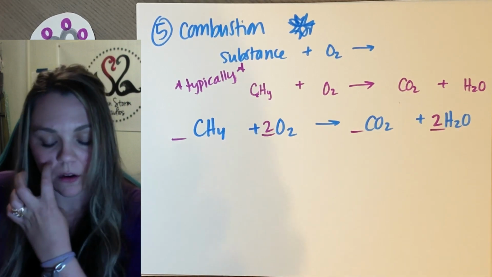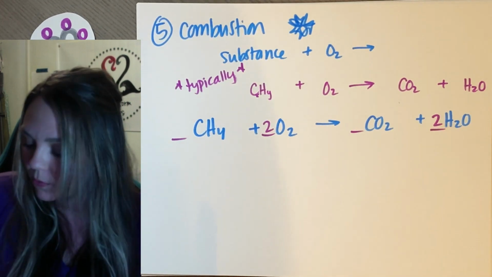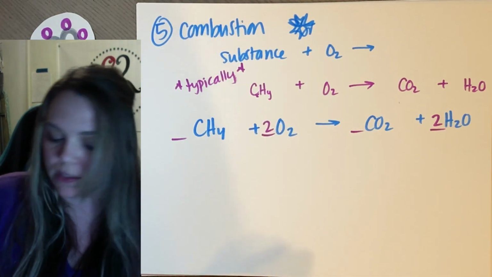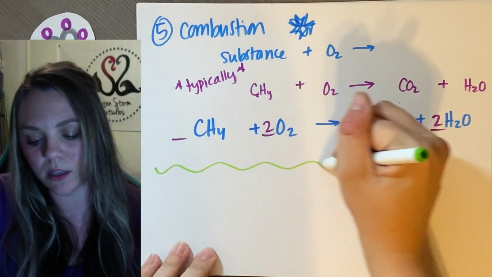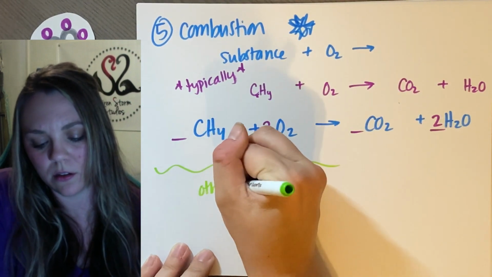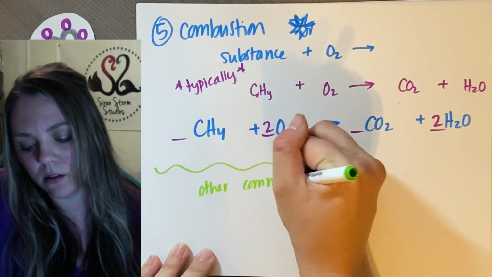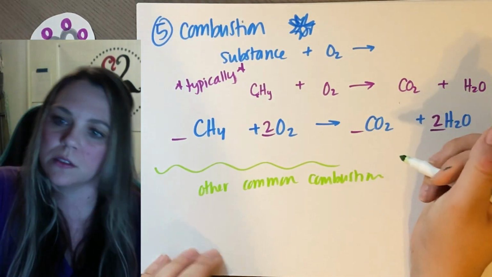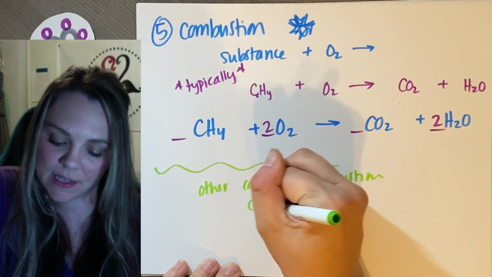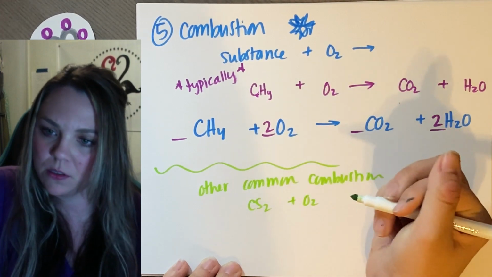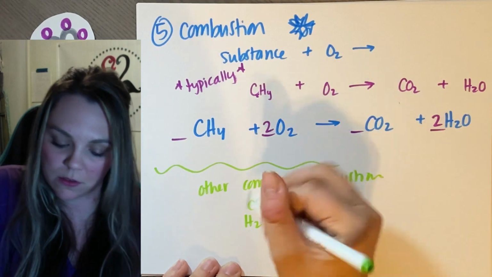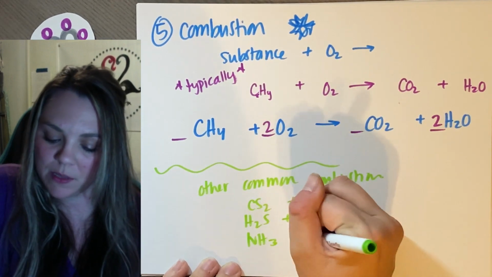Okay, there are a couple of ones that will break the rules, so just so you can see the typical rule breakers, I guess. Other common ones for combustion. You'll see like CS2 plus O2, H2S plus O2, NH3 plus O2.